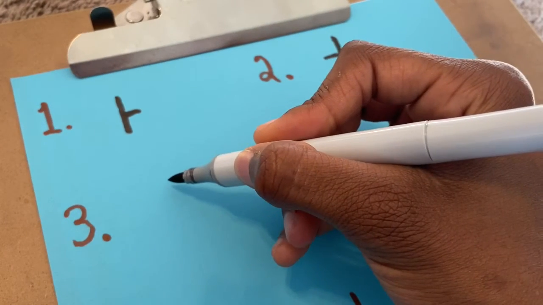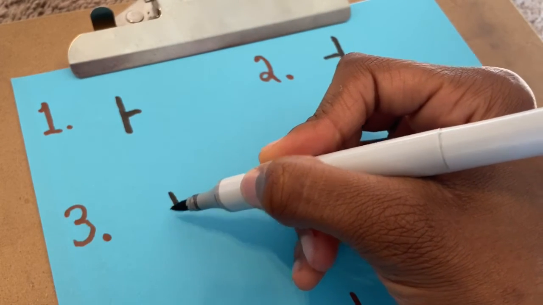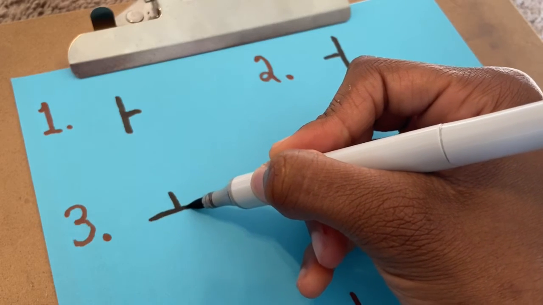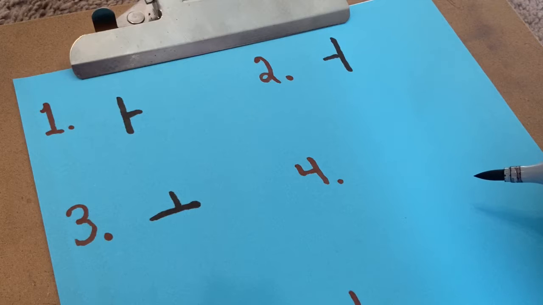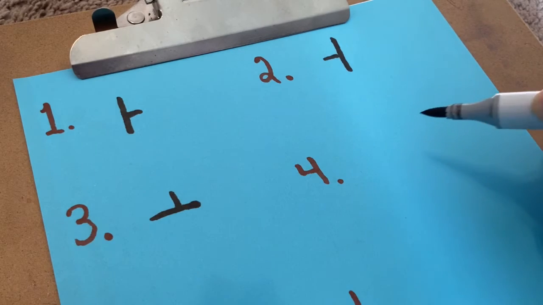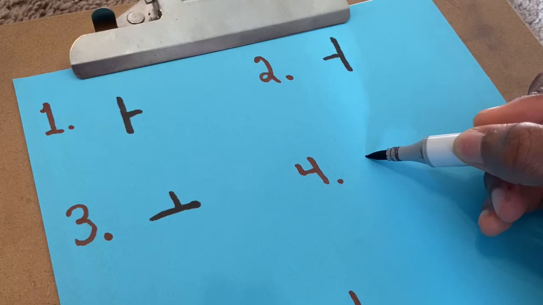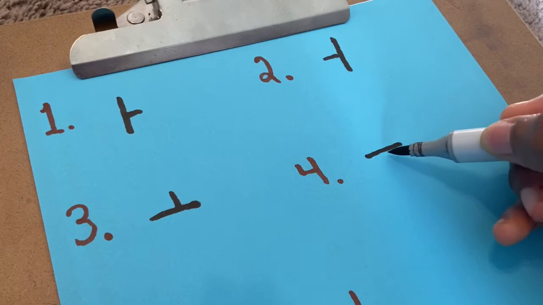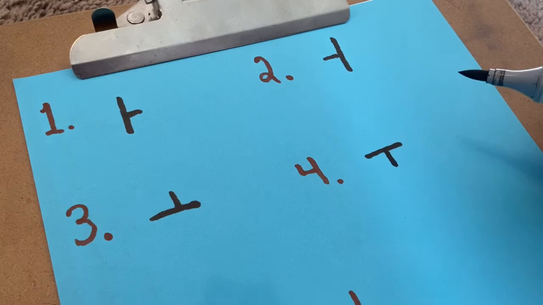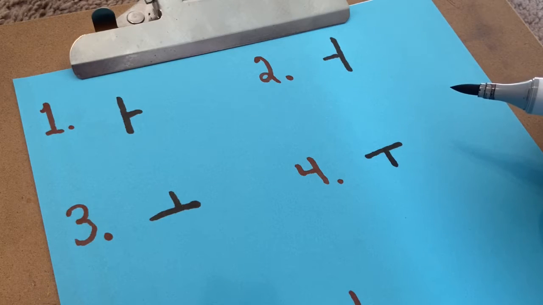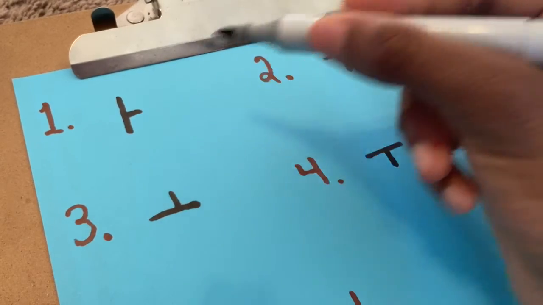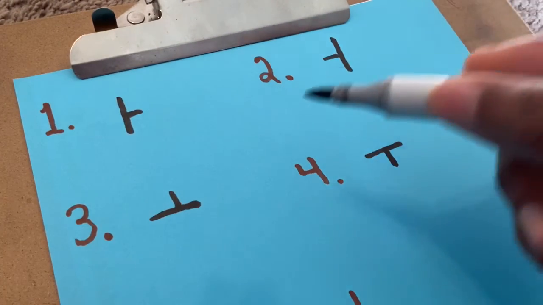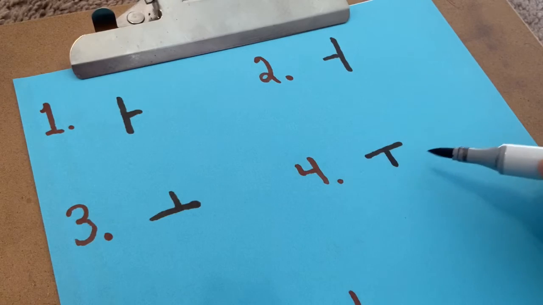The third one is written with a short stroke downward, then a long stroke to the right. It's pronounced o. The next one is like o, but flipped over. It's pronounced oo. Ah, aw, o, and oo.